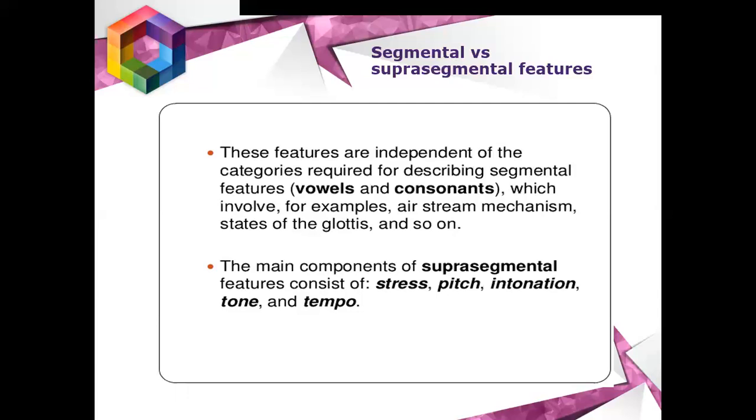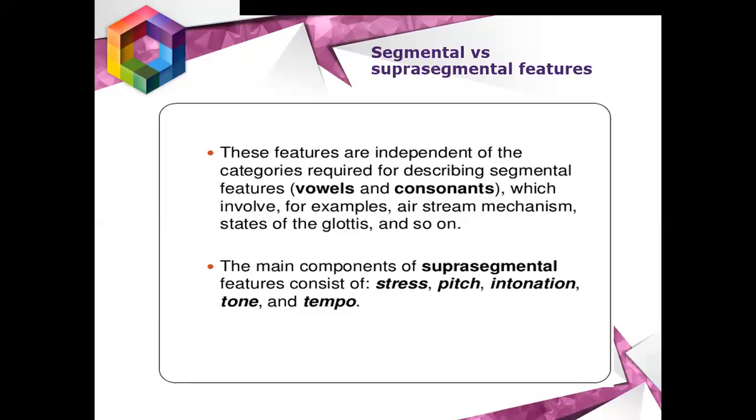Then we have the main components of suprasegmental features, which consist of stress, pitch, intonation, tone, and tempo, or rhythm, okay? So suprasegmental features take the segmentals, that will be the consonants and the vowels, and put them in a context, okay? So you have to be able to produce these sounds within words and within sentences, okay?